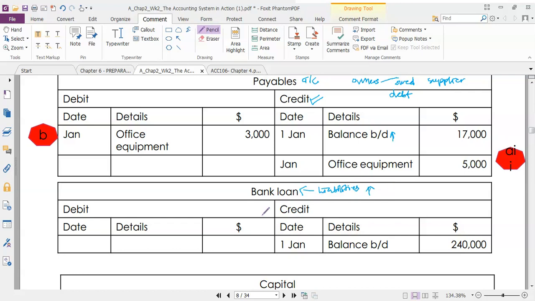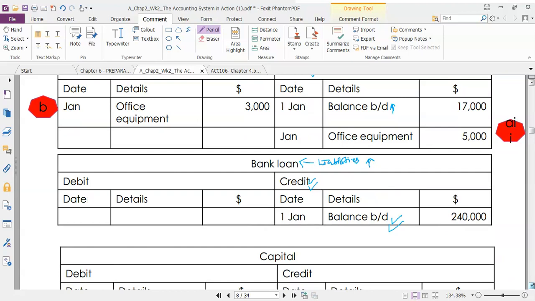Should we put it in the credit or debit side for balance BD? Balance brought down, letak kat bahagian mana? Debit or credit? Credit side. Okay, very good. Balance BD dia 240. We put under credit side.